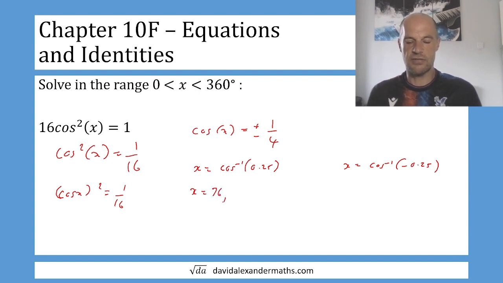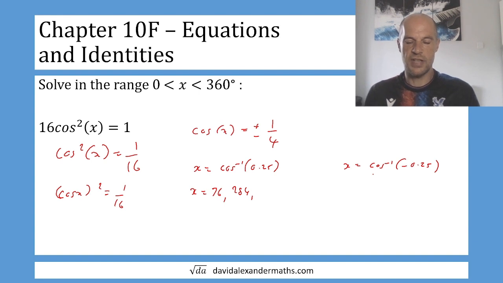The next answer is 360 minus that, which is 284, and the next solution will be 76 plus 360, and that takes us out of range. So we're only getting two solutions for the positive 0.25.